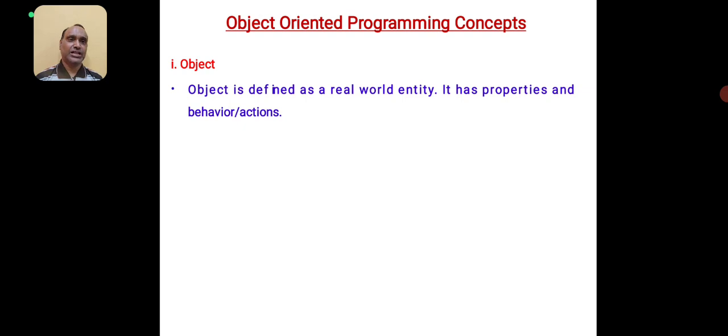Properties are also called attributes. So every real world object has certain attributes, and those attributes are describing the object.